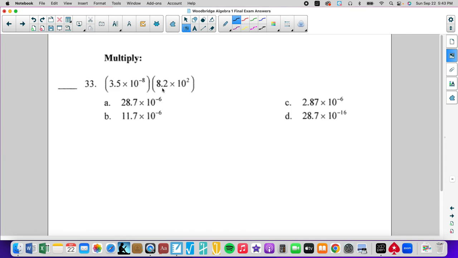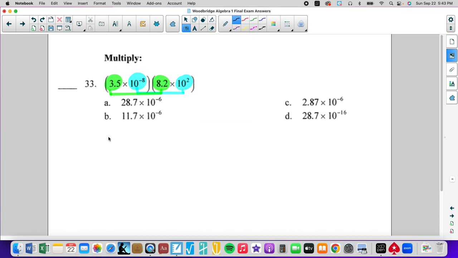When we multiply scientific notation, we are going to multiply their base numbers. They're not base numbers, they're kind of like coefficients, and then we're going to multiply their base 10 numbers. Those will also multiply.